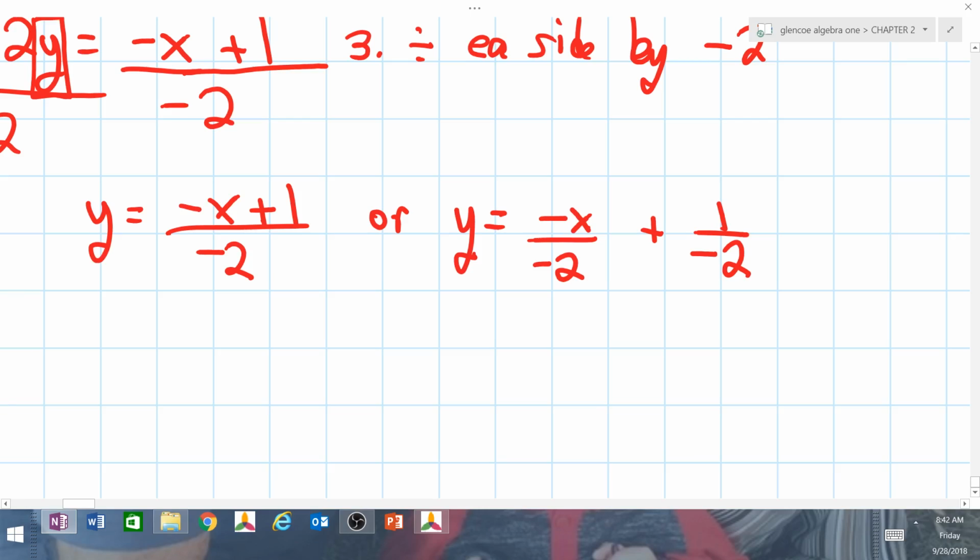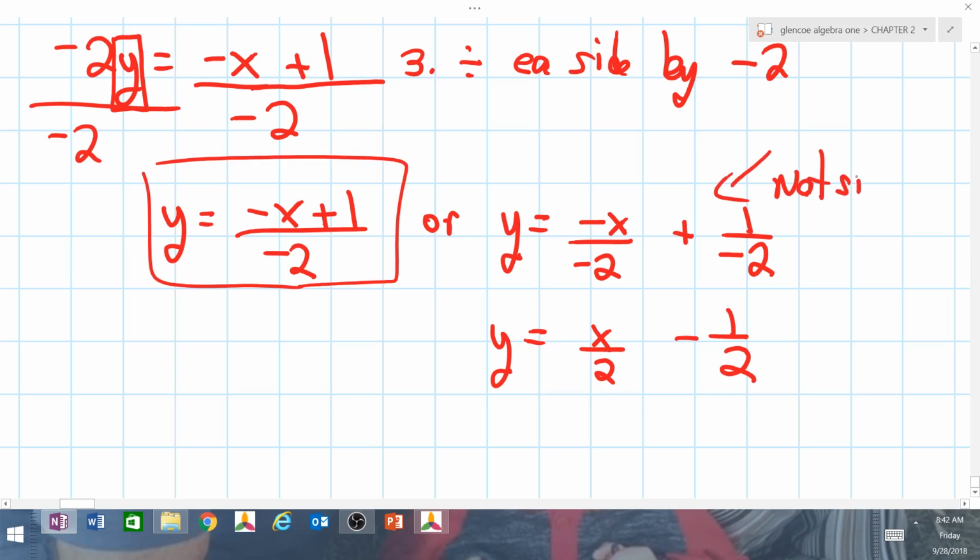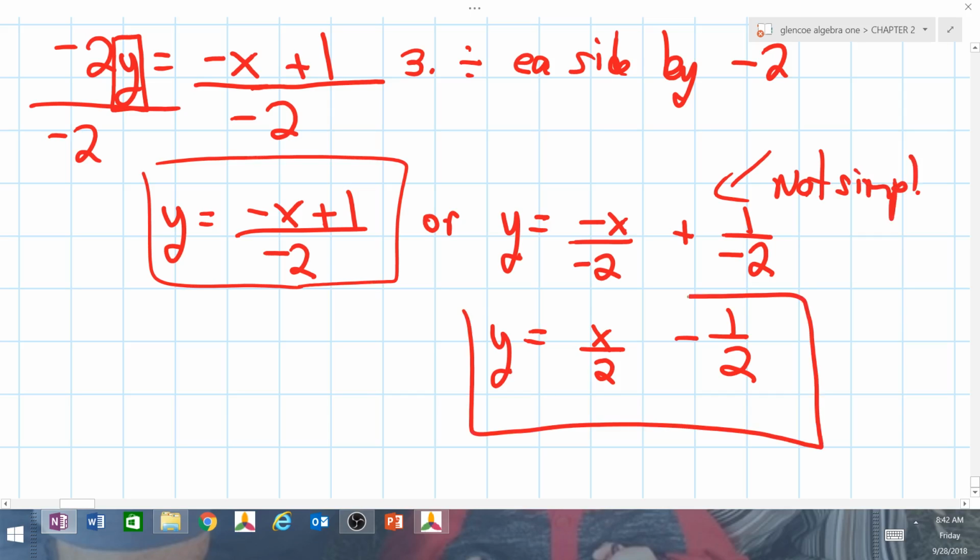And I'm still not done because this would become y equals x over 2 minus 1/2. The choice is yours. This is totally correct, but it is not simplified. If you wrote it like that, you would get partial credit, but it's not simplified. These two here are the simplified versions.